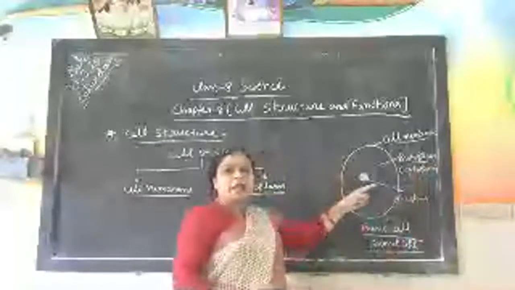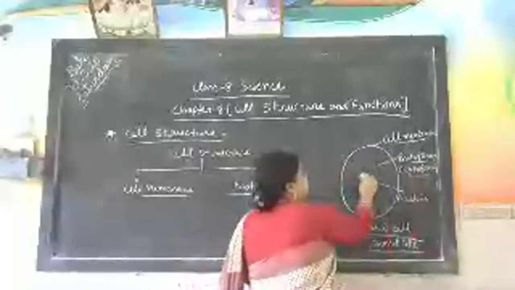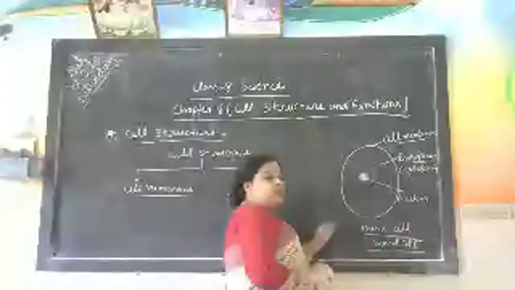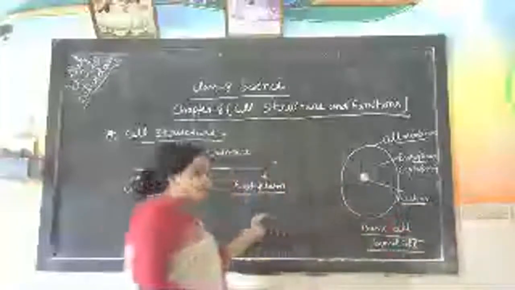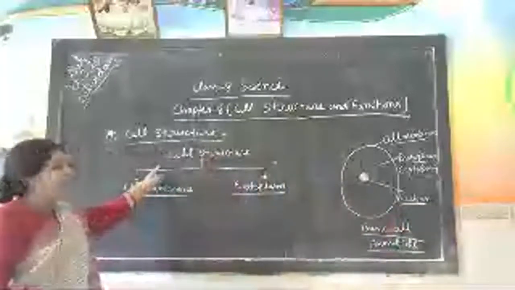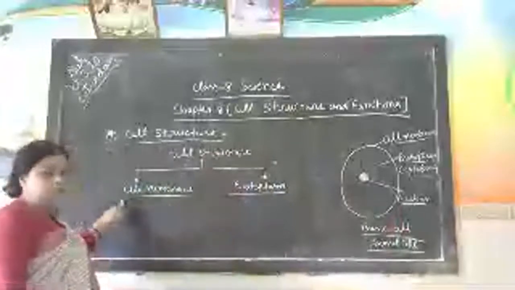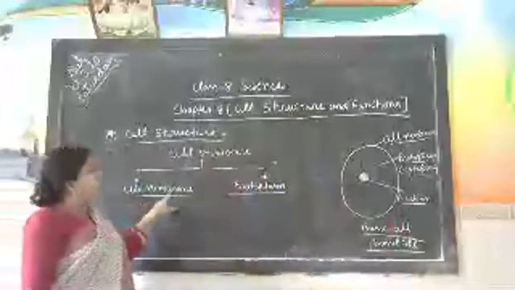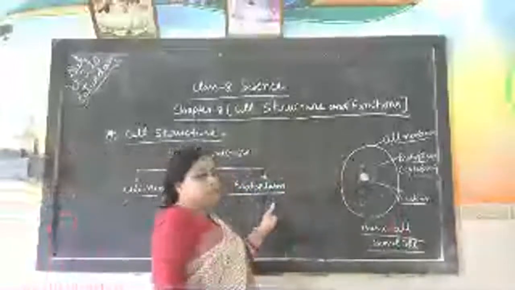This is also known as cytoplasm. And this round body inside the cell is nucleus. So when we see cell structure, there are two main parts: cell membrane, the outer layer of the cell, and protoplasm.